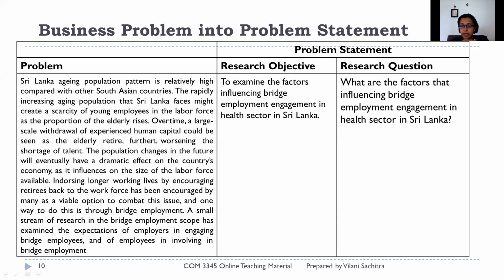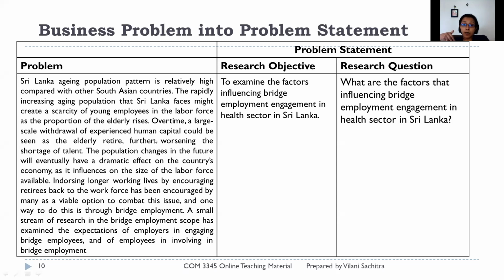When the population is getting older, that gives less opportunity for young employees to get employed because the older ones are still working, still providing their labor and commitment to the labor force, right?